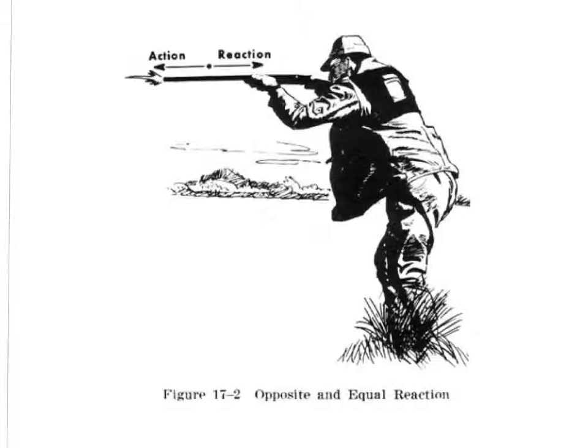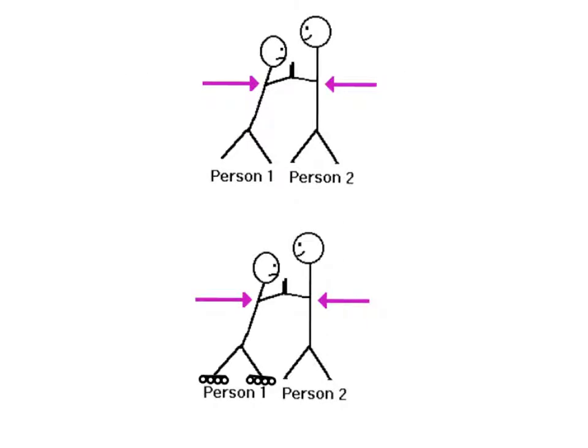The gun probably weighs a little bit more than that bullet, but there is going to be a huge amount of force pushing back this way, and that's why, if you've ever shot a rifle, you feel that kick in your shoulder, because it's the equal and opposite reaction. It's the force back against your shoulder from the force of the bullet traveling at a high acceleration the other direction.